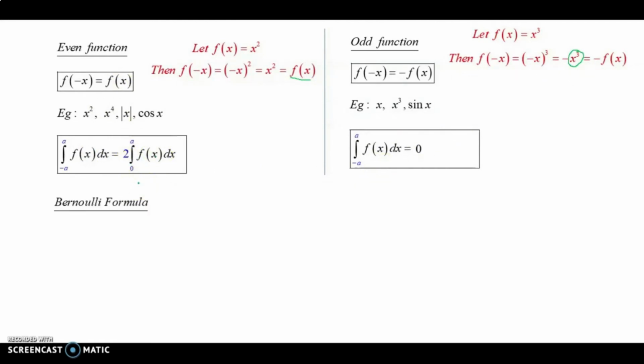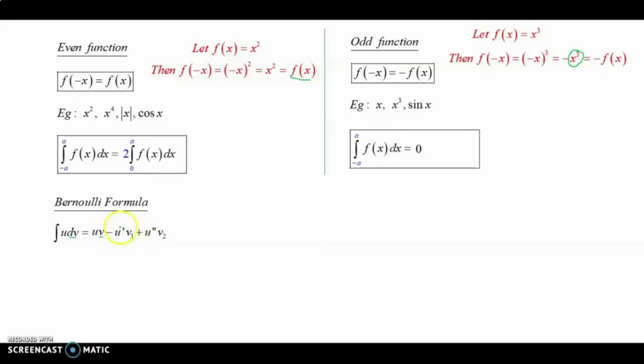Next, the Bernoulli formula. Integration of u dv equals u v, where v is nothing but the integration of dv, with alternate sign minus. Next, differentiate u to get u dash, integrate v to get v1, with alternate sign plus.